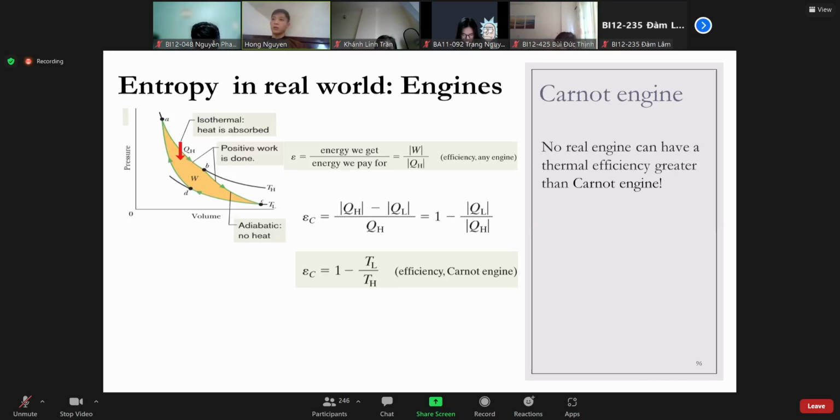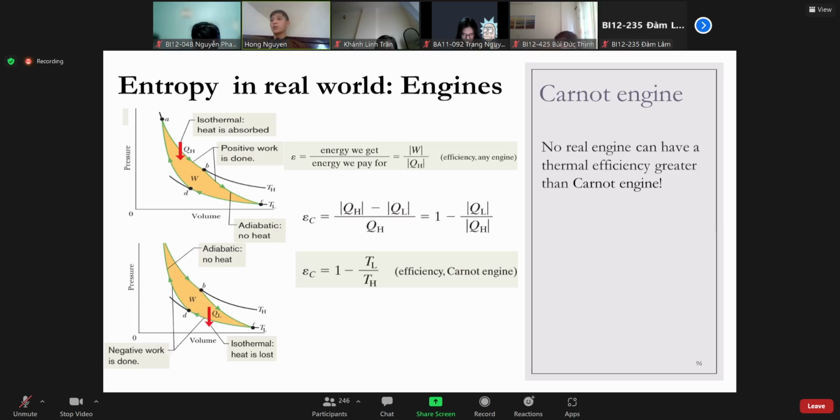Later on, we will see that no real engine can have a thermal efficiency greater than the Carnot engine. In the next part, I will prove it. This is a statement, and then I will prove that this statement is true.